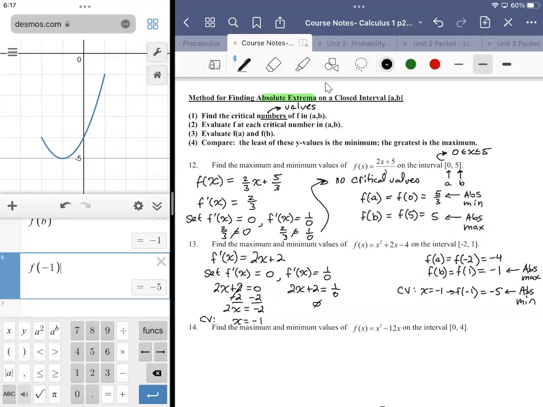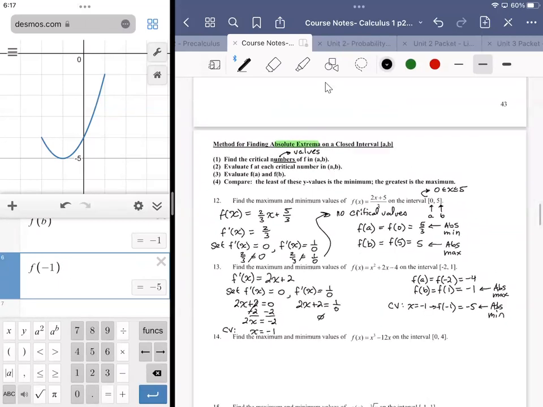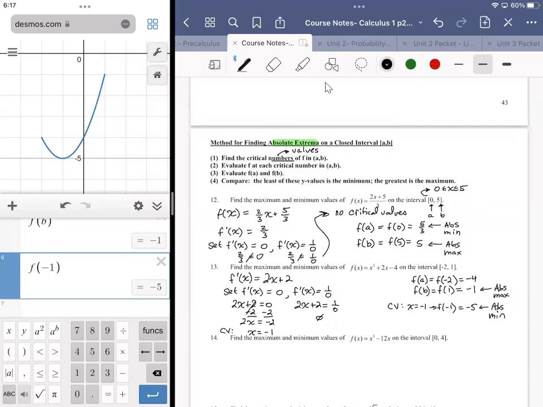So the question is, why are critical numbers important, and what do we do? Well, we find them when the derivative is equal to 0 or undefined. Critical points occur at turning points. So if there's a turning point in a graph, it must occur at a critical value.